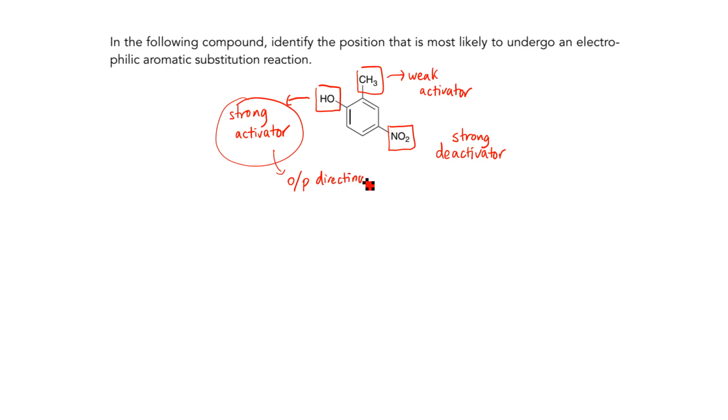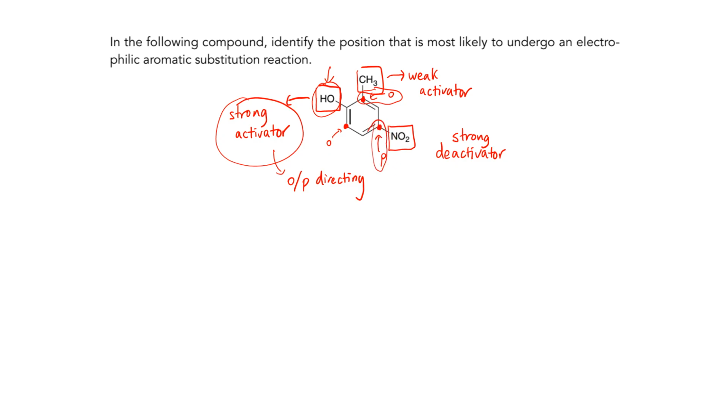And if you highlight the ortho and para positions relative to the OH group, this position and this position is ortho to the OH, and this is the para position relative to the OH, right? So these are ortho, O and O, and this is para. But you guys can see that the ortho position over here is occupied, and the para position is also occupied.